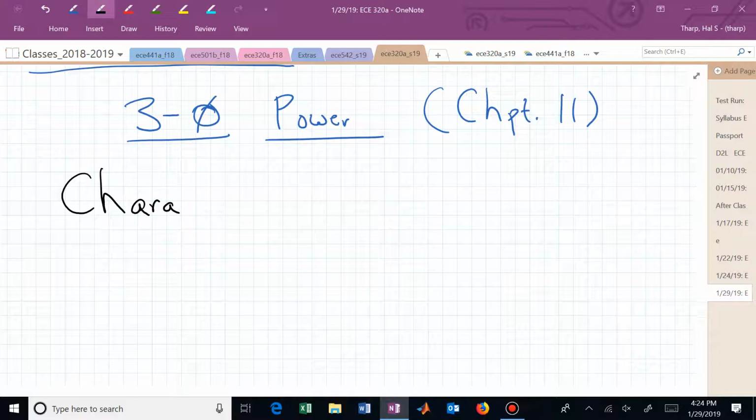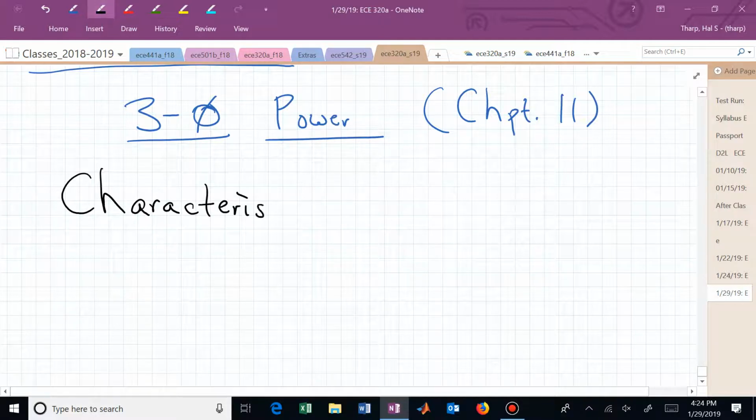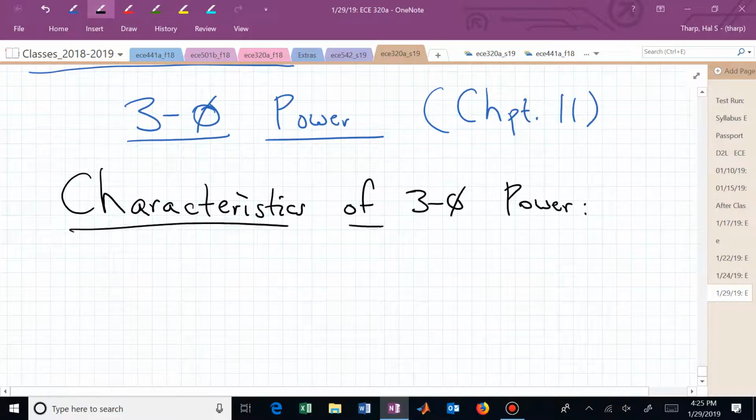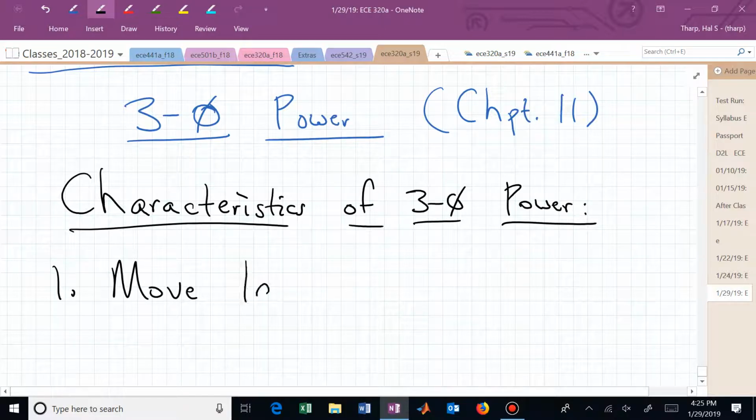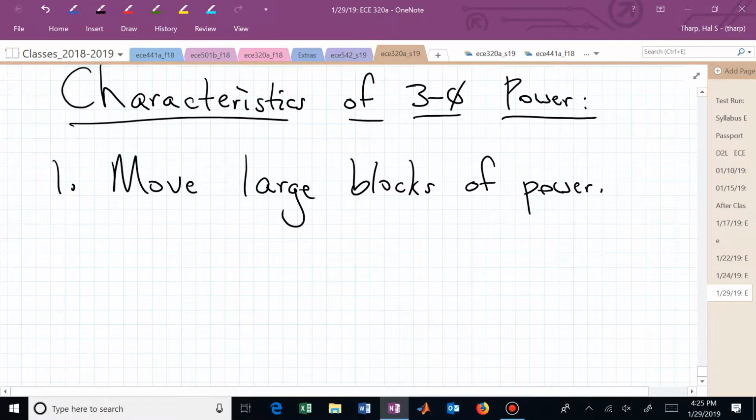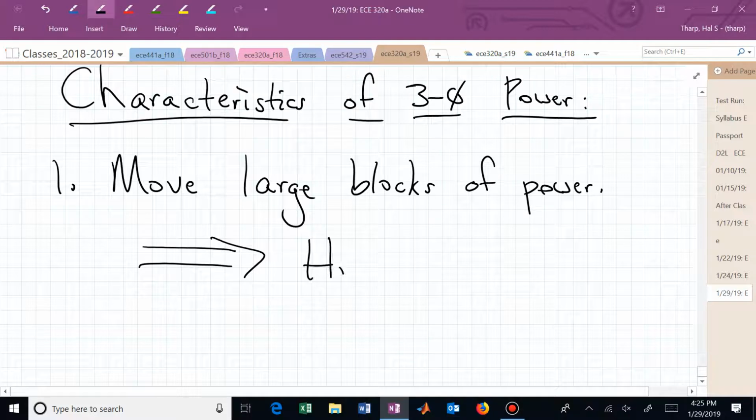Okay, you've had chapter 10, which is single phase. Now you get three phase. And we'll just get the big picture right now. So here are some characteristics of three-phase power. One, it allows us to move large blocks of power, meaning we may be using high voltages.